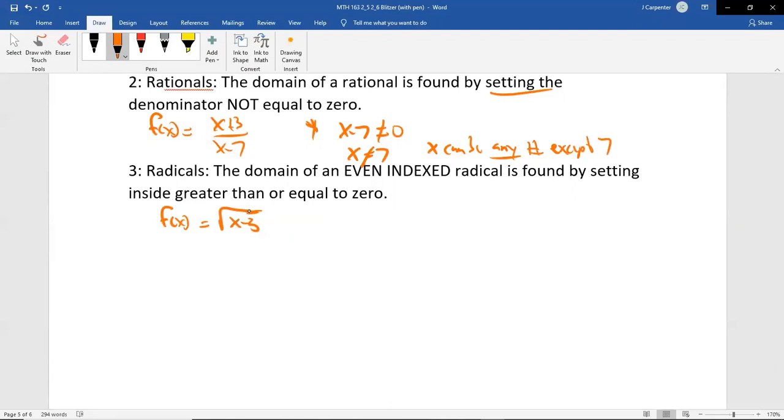So once again, there's no value of x that you can't plug in and get a legit answer. But with square roots, fourth roots, etc., you can only take the square roots of non-negative numbers. So if the number inside is negative, it would spit out an imaginary number, and we can't graph imaginary numbers with our skills. So we need the inside to be non-negative, which is why we set the inside greater than or equal to 0.